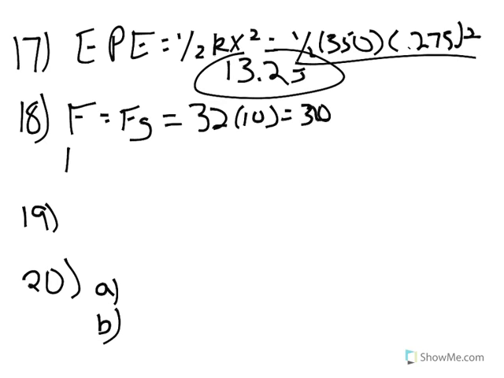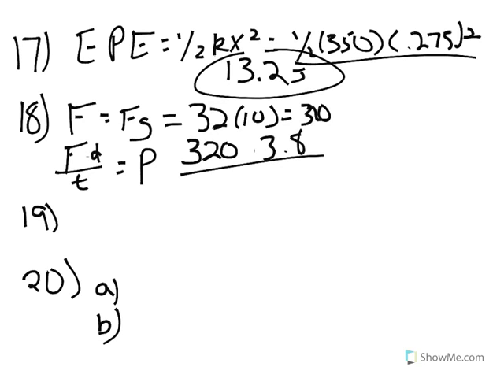So we're going to use force times distance divided by time equals power, which means that 320 times the distance he went up, which is 3.8, divided by the time, which is 3.3, equals the power. And if we do that, the power should be 368 watts.